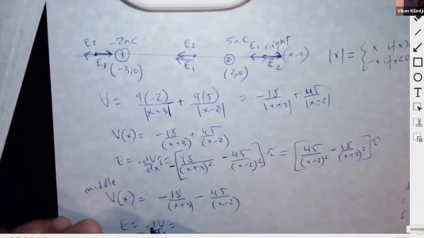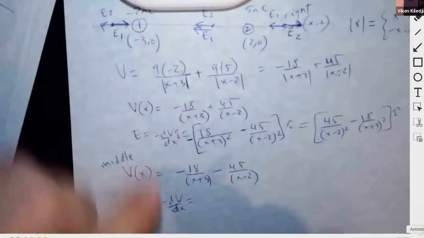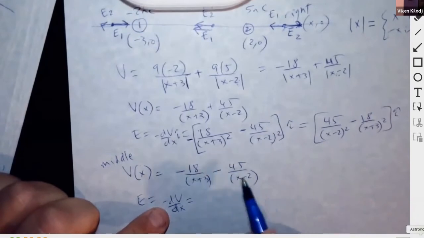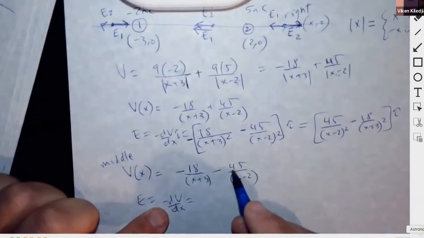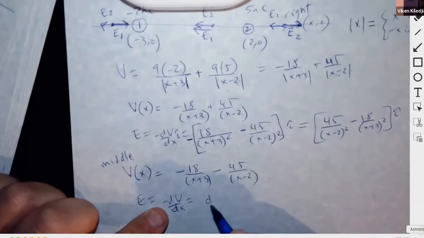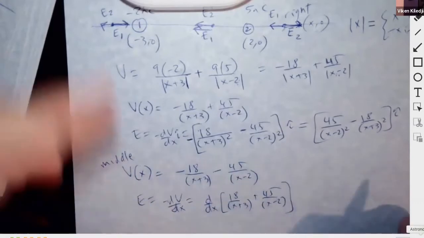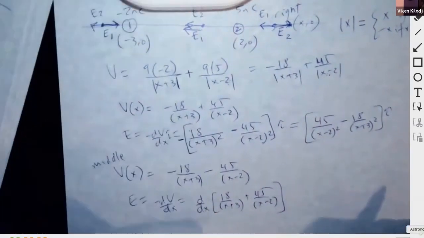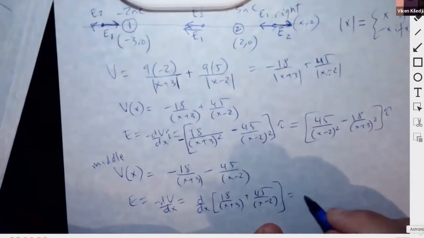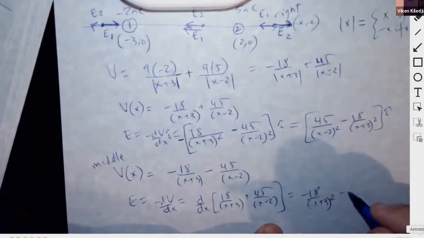What I could do in this case is distribute the negative in first, so negative into this and into that. This negative will make both of them positive. And then take the derivative of that: negative 18 over x plus 3 squared, negative 45 over x minus 2 squared.